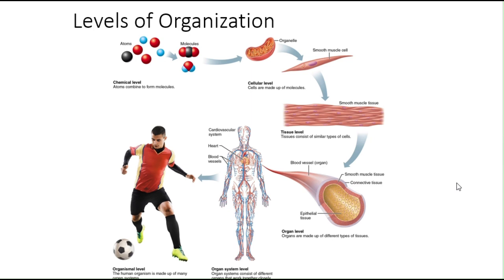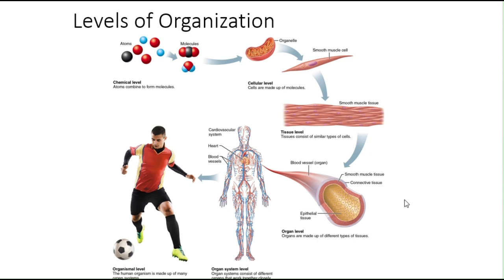The small intestine is made of epithelial tissue, connective tissue, and muscles, and it is innervated by the sympathetic and parasympathetic nervous tissue. And these organs, meaning the stomach, small intestine, and large intestine, make our digestive system.